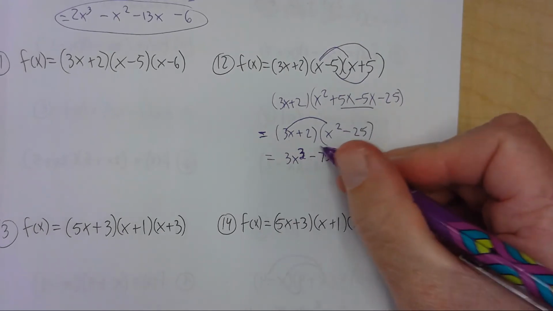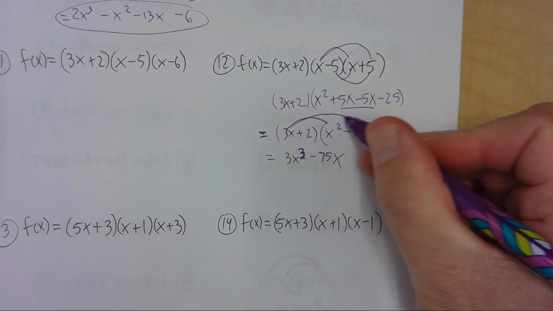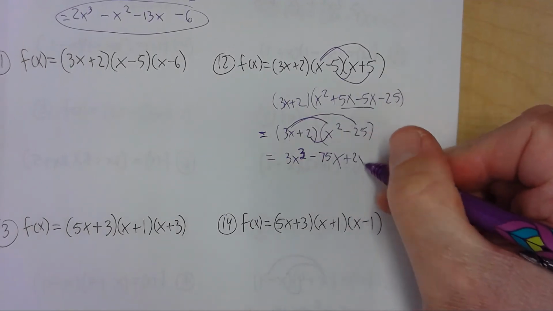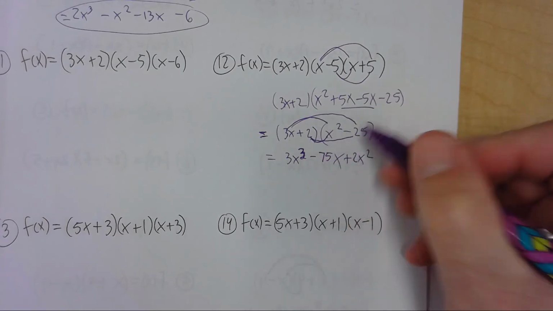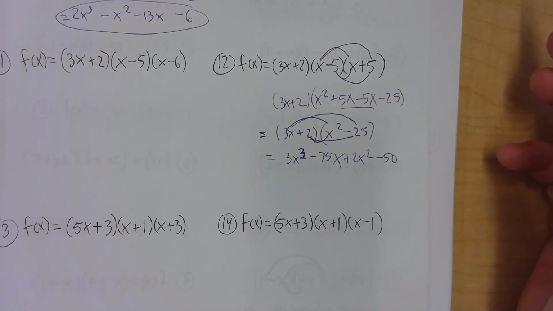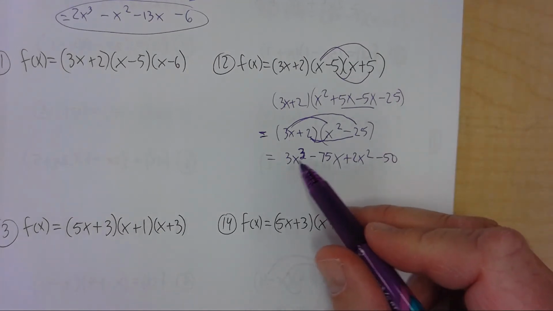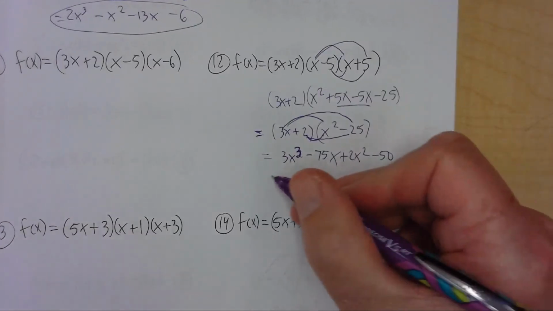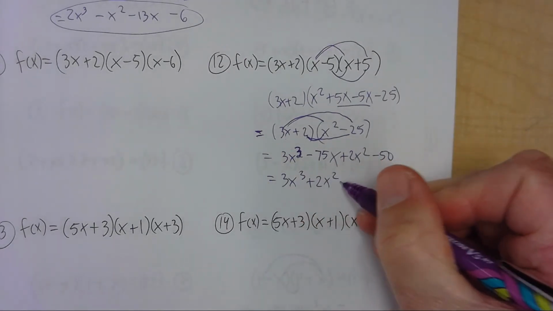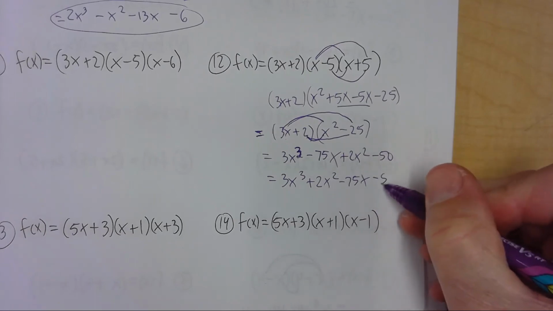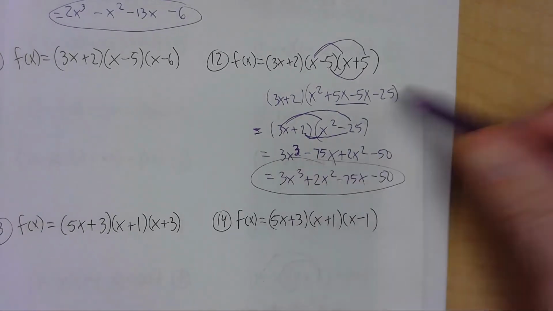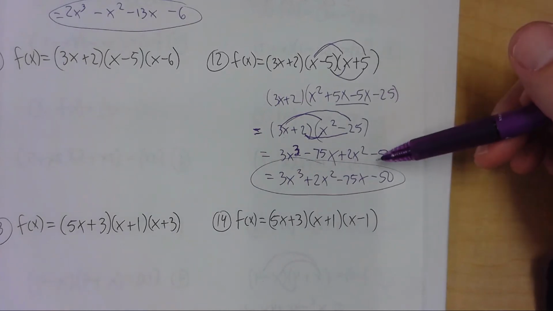Multiplying by 2 just doubles stuff, like Oreos doubles stuff. 2 times this would be plus 2x squared, and then doubling the 25, minus 50. This is out of order, so we want to make it be cubed, squared, x, etc. So it's 3x cubed plus 2x squared minus 75x minus 50. And that would be in the standard form. So there's factored form here, standard form down there.